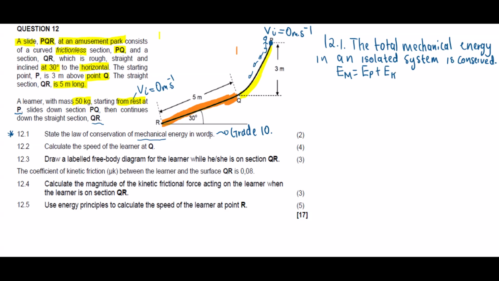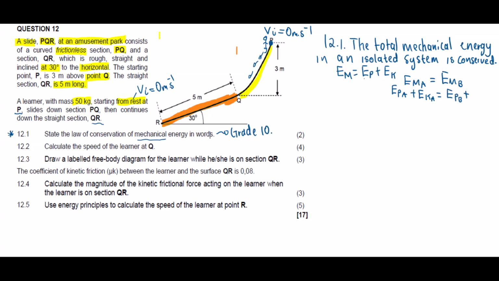So now they're telling us that the mechanical energy at some point A is the same as the mechanical energy at some point B. So EPA plus EKA should be equal to EPB plus EKB.